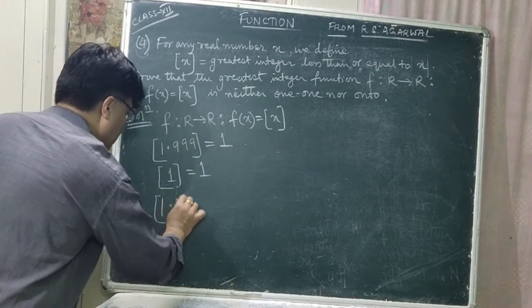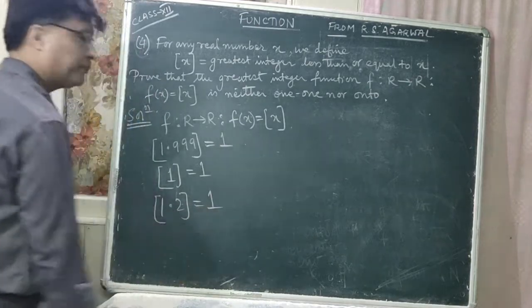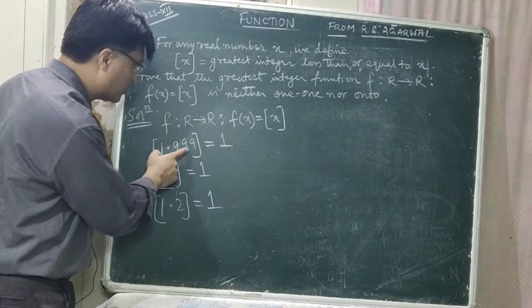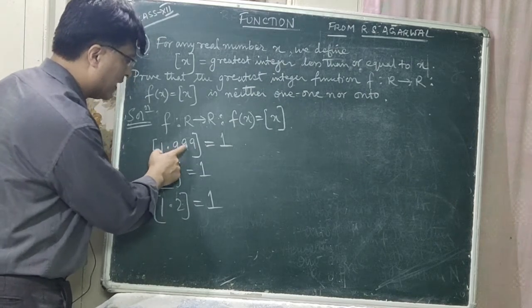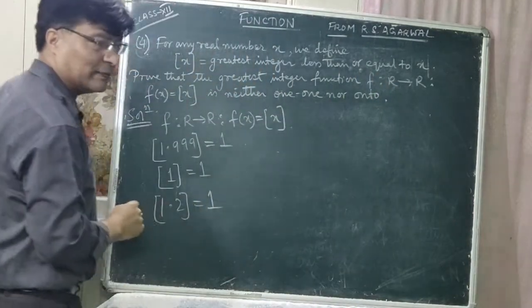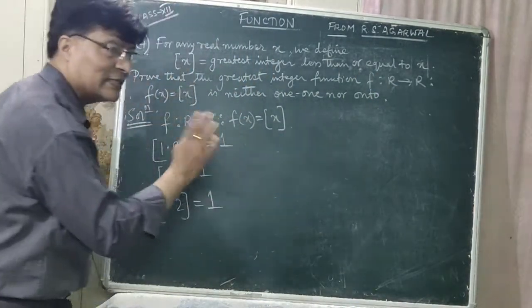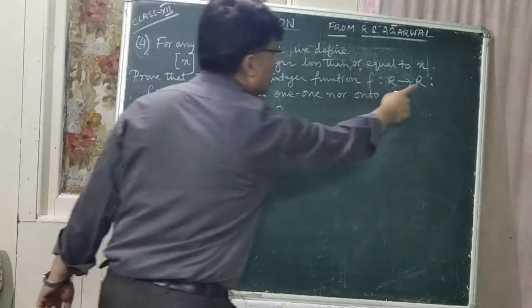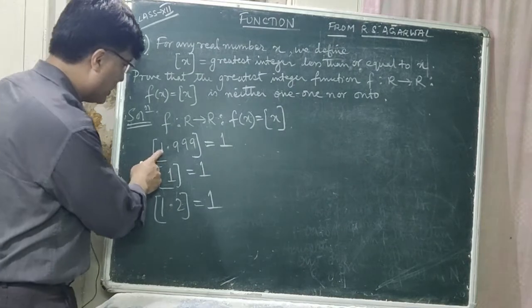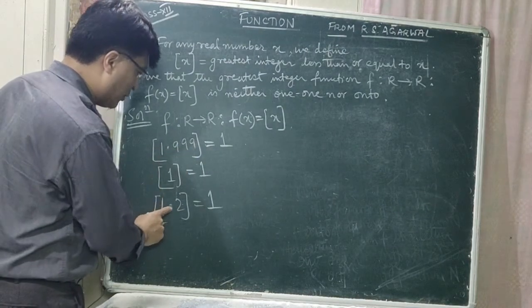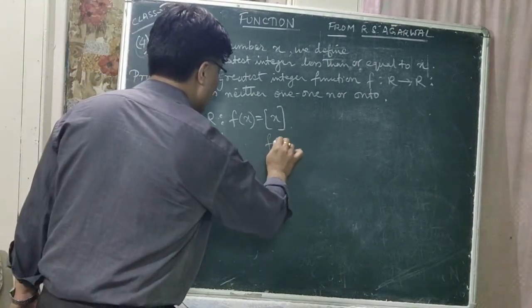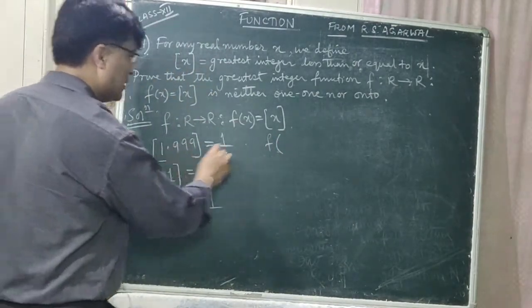You may have 1.2 is equal to 1. So all these values which belongs to this domain R, they have got the same image 1 in the codomain R. Is that clear? This 1.999, 1.2 is equal to 1. That means here also you can write. So if you write f within bracket x, what is x here?